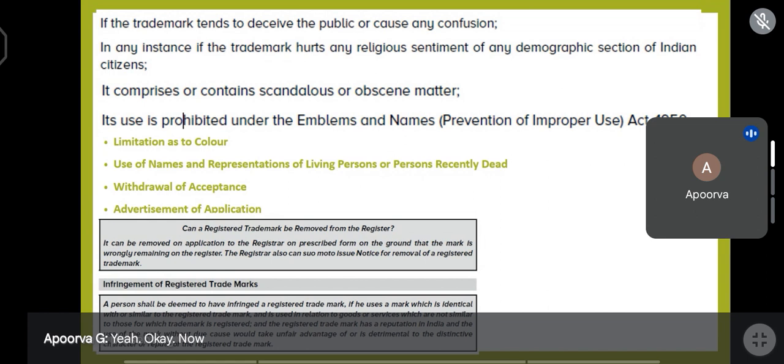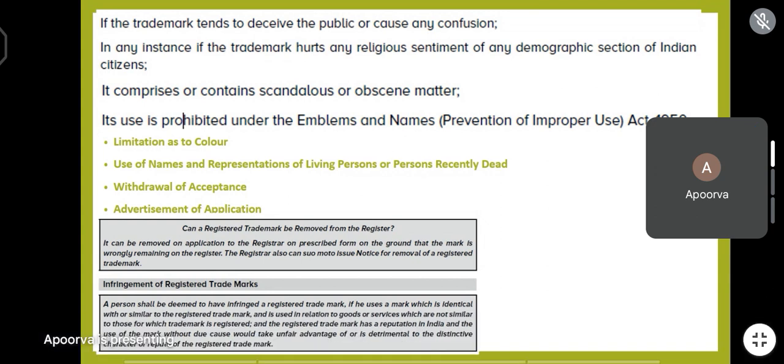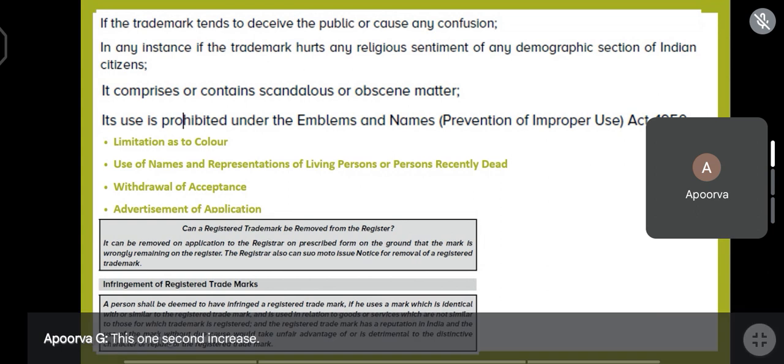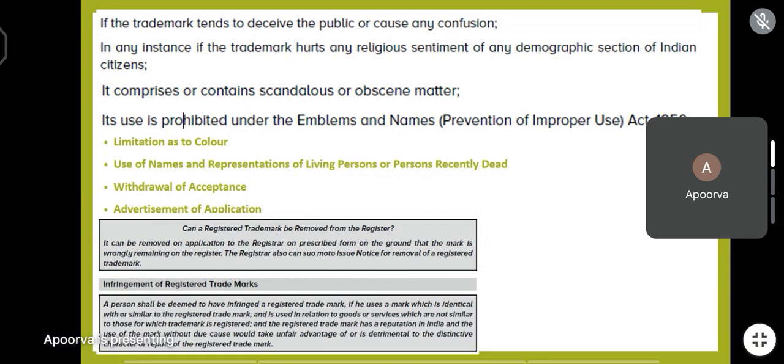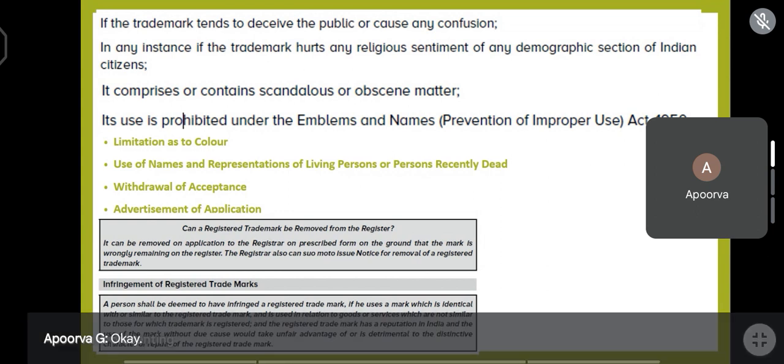Okay. Now limitations as to color. Sometimes you have different colors for the symbol.